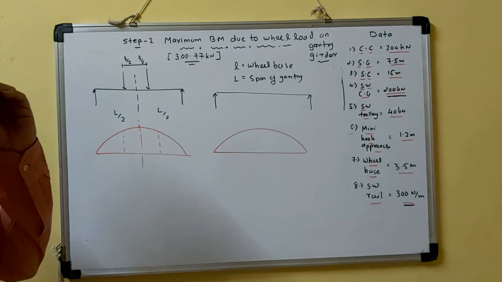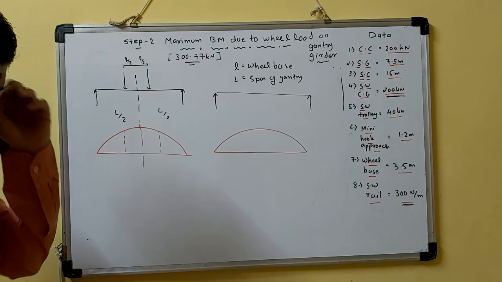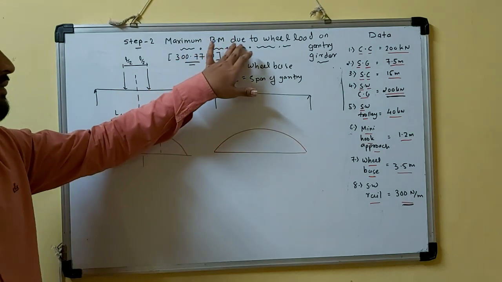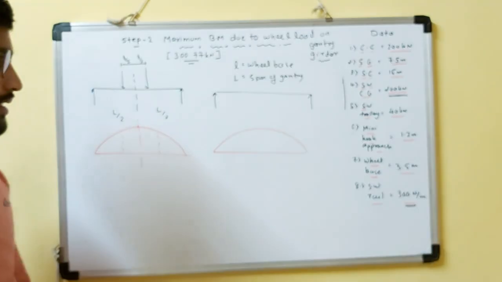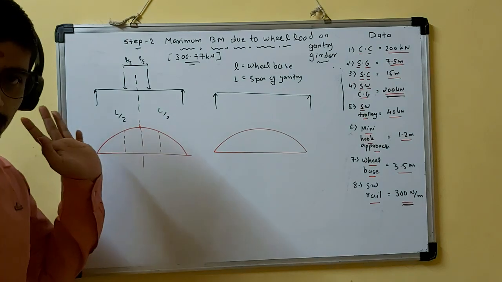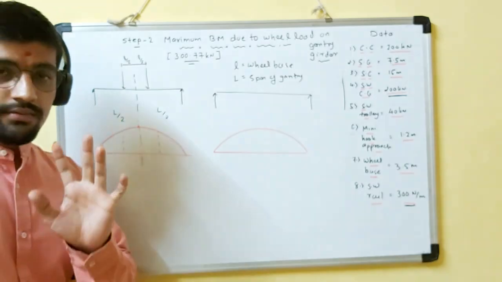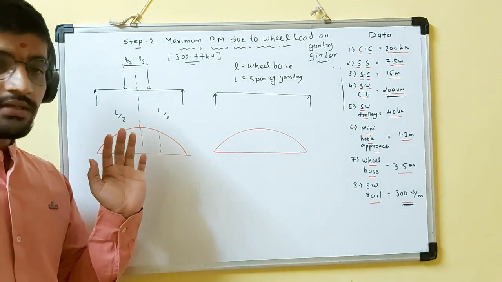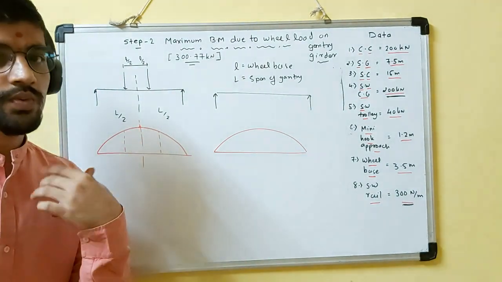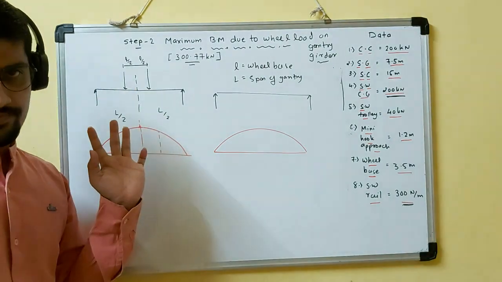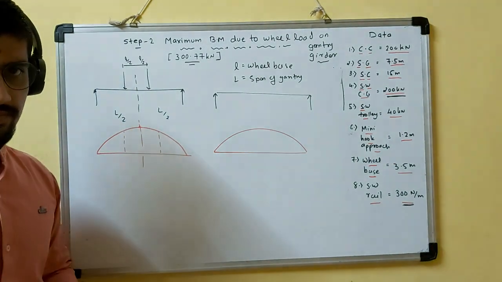But the difference is that we have asked for the maximum bending moment due to wheel load. And what is the maximum bending moment here at the center? The bending moment due to wheel is this and this. So it is not maximum due to wheel. It is maximum due to span, because it is placed in the center.